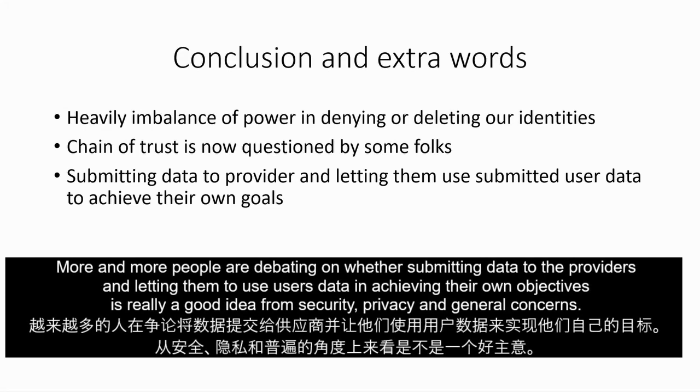More and more people are debating whether submitting data to the providers and letting them use users' data in achieving their own objectives is really a good idea from security, privacy, and general concerns.